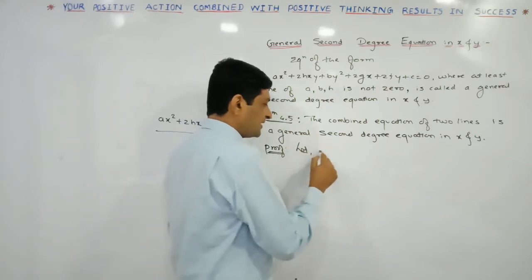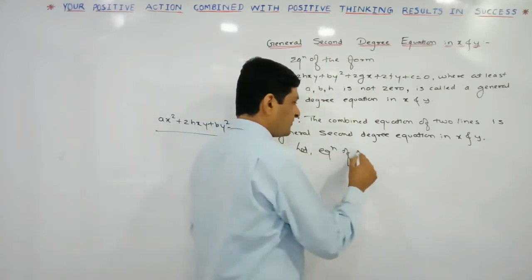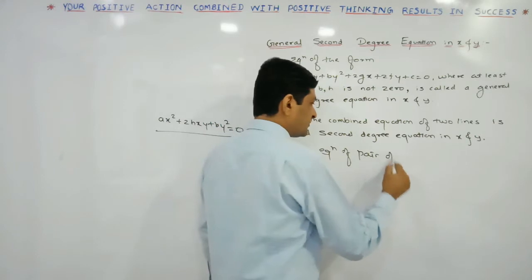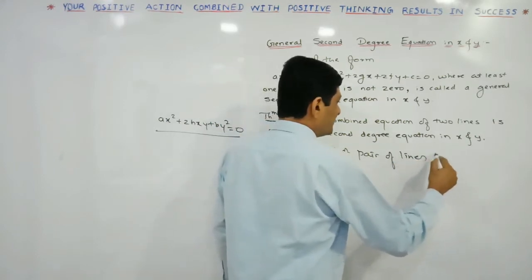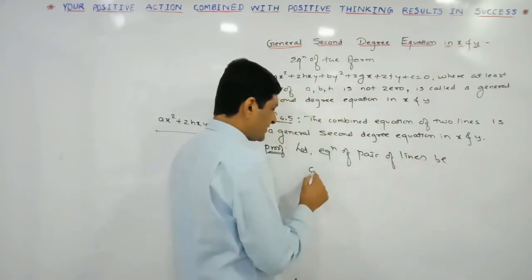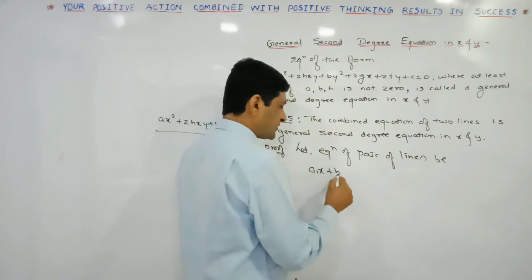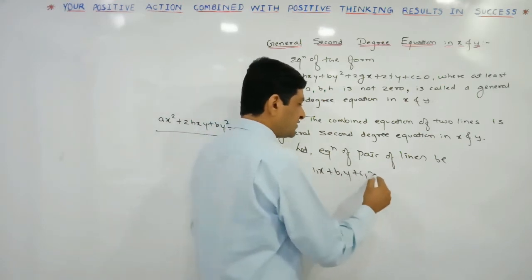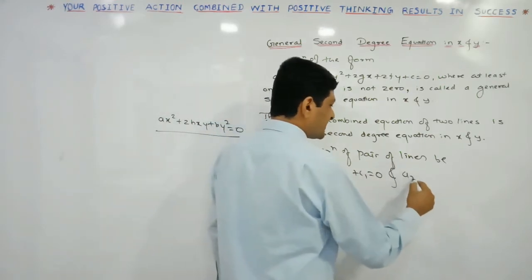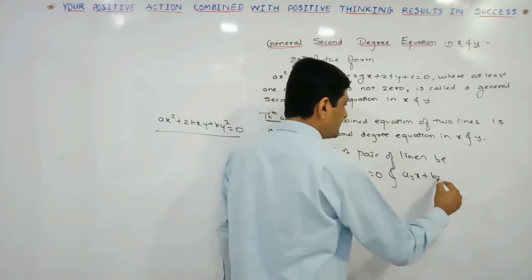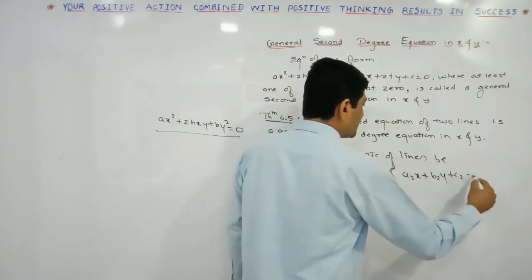Let the equation of the pair of lines be as follows. Let the equation of the first line be a1x plus b1y plus c1 is equal to 0, and the equation of the second line be a2x plus b2y plus c2 is equal to 0.